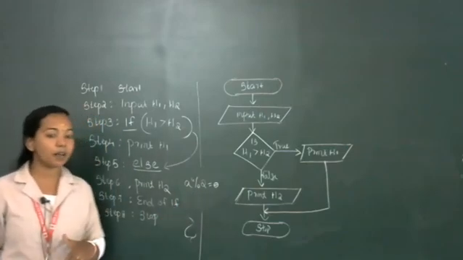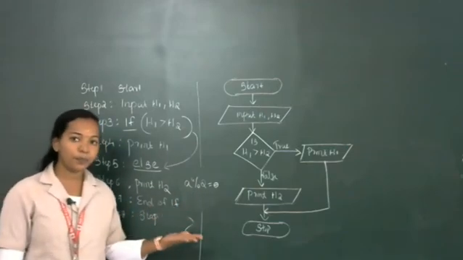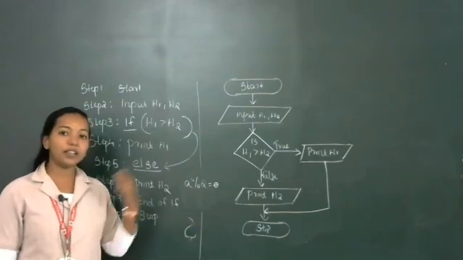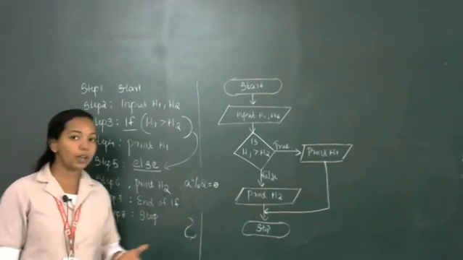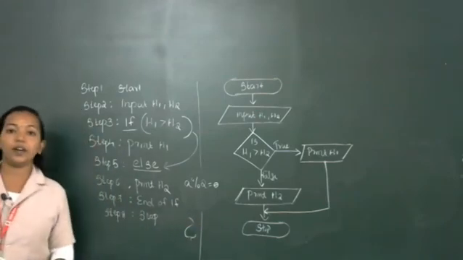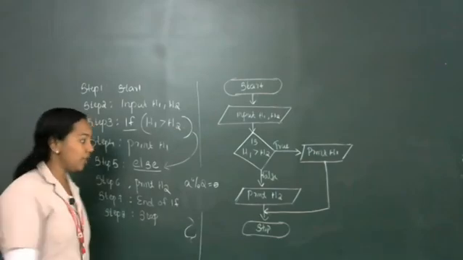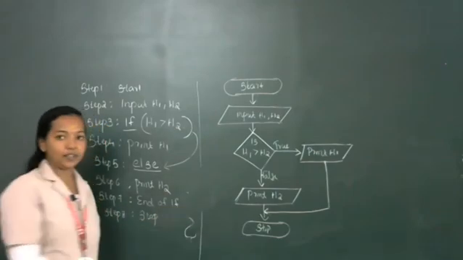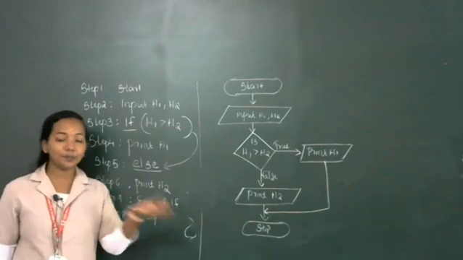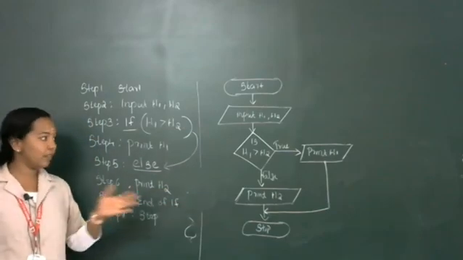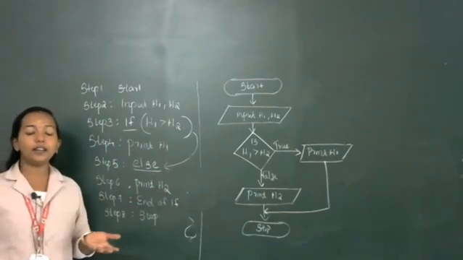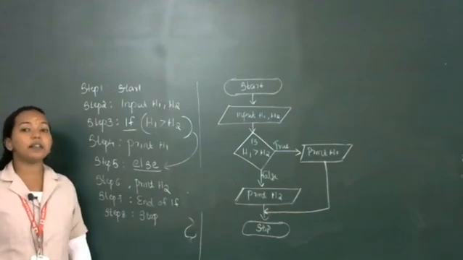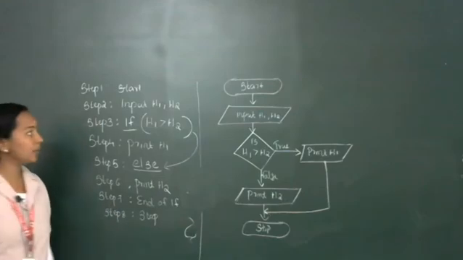If remainder is coming, then it is an odd number. If no remainder is present, then it is an even number. Clear? So that also we can write. This is to find the largest number. Then we can write to check whether the number is even or odd. Okay.